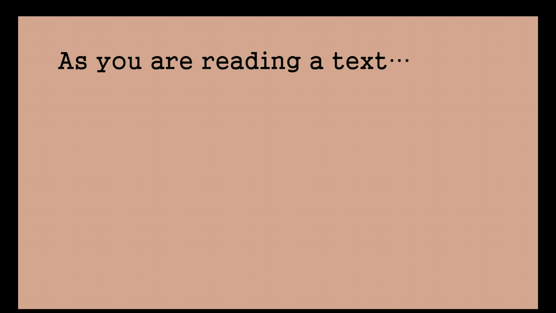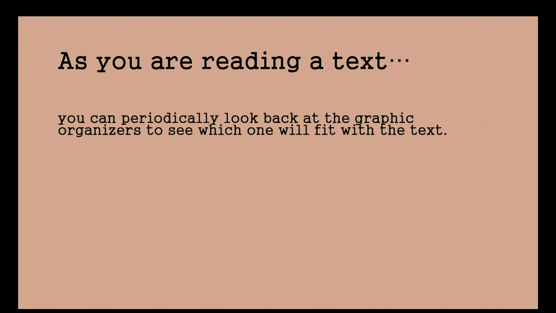So what you do to use these, and I'm about to show you the graphic organizers I have for you, as you're reading a text, you look back and forth between what you're reading and this list of graphic organizers, and you think, okay, which one of these is going to contain my text? Which one can I use to put my text into?